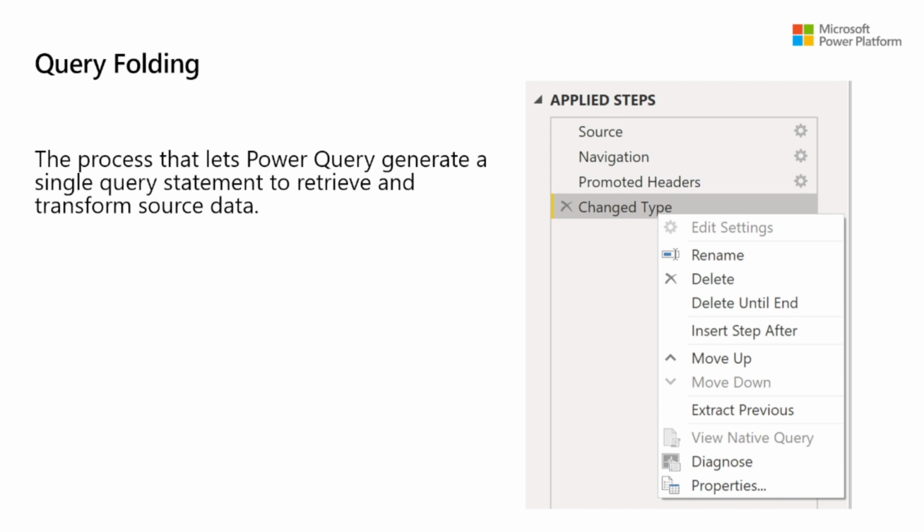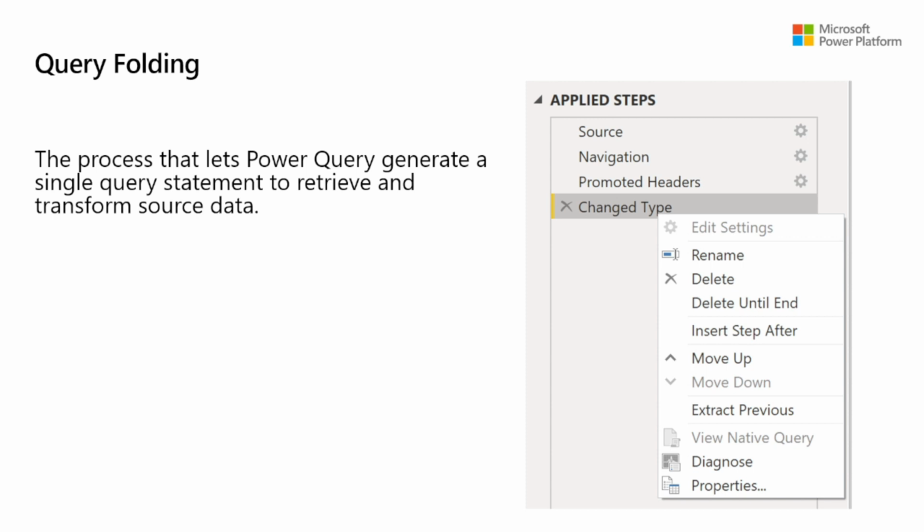Okay, so let's say that query folding within the Power BI editor helps you to increase the performance of Power BI reports. Query folding is a process by which transformations and edits that you make in the Power Query editor are simultaneously tracked as a native query.